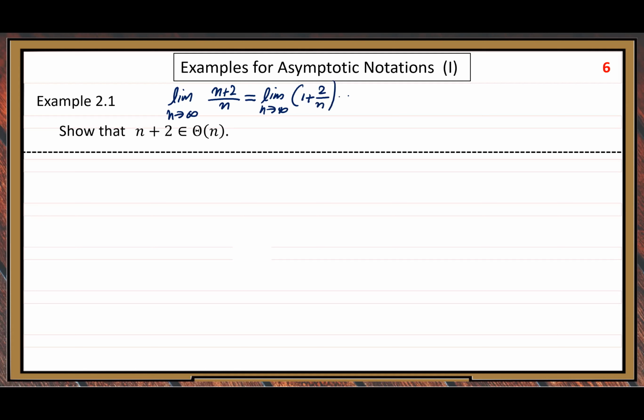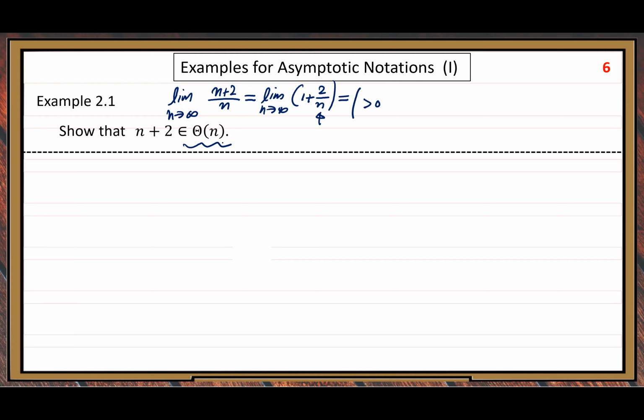When n goes to infinity, 2 over n goes to 0, so the limit equals 1. It's a non-zero, positive constant. Then it tells us f of n belongs to big theta of g of n. That's the limit way. Pretty simple, right?